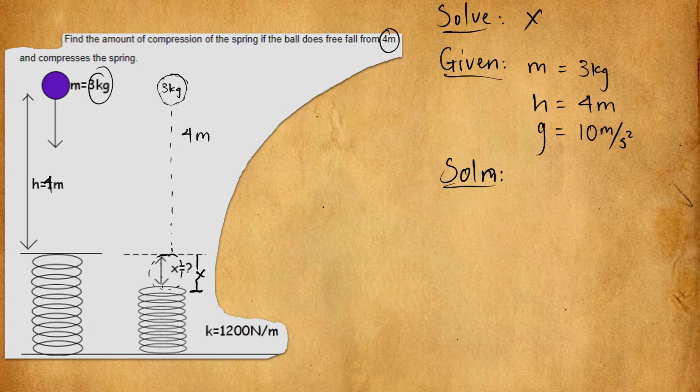So from which form of energy into which form of energy? Now the ball, when it's 4 meter high, it has gravitational potential energy. So from the gravitational potential energy, that energy transferred into the spring, the spring potential energy.